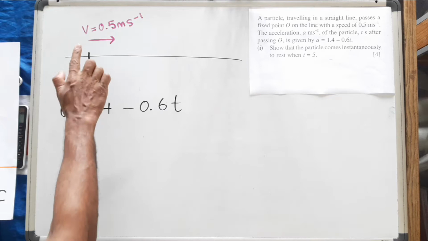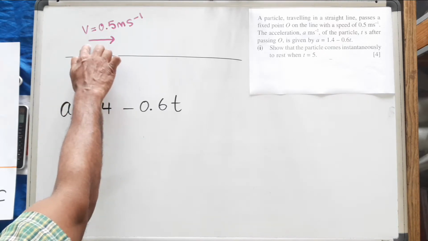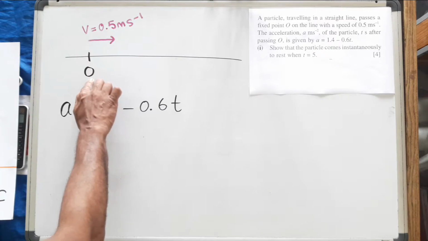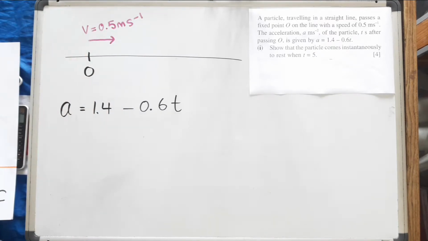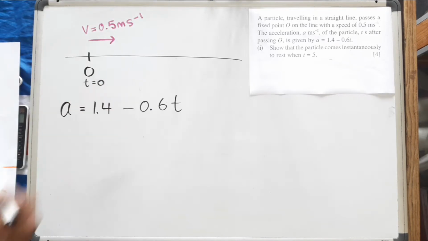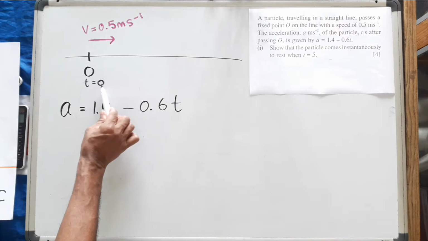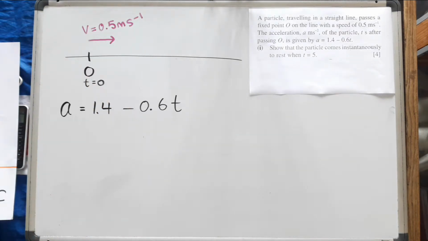Now, as soon as it passes this point, the experiment or the question has now started. So at this point, it should be noted that your time will be equal to 0. So at time 0, when it passes point O, the particle has a velocity of 0.5 meters per second.